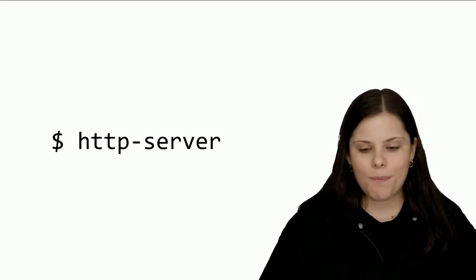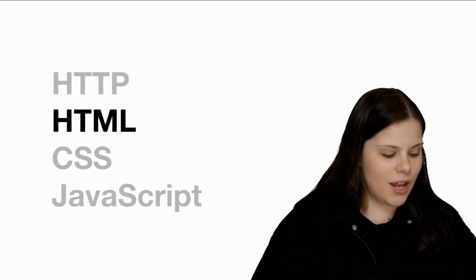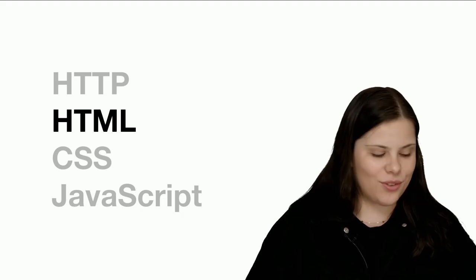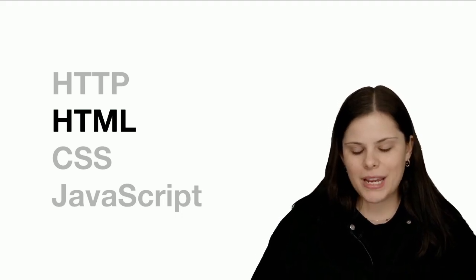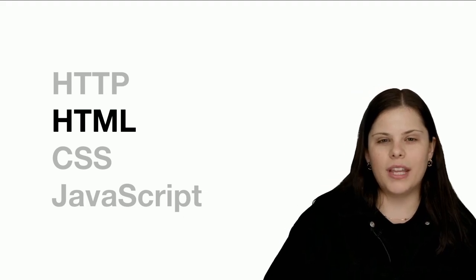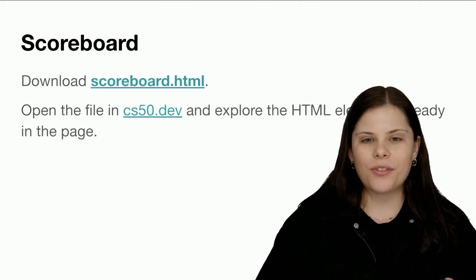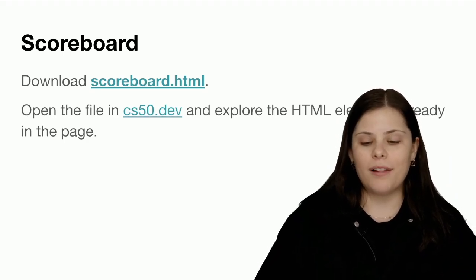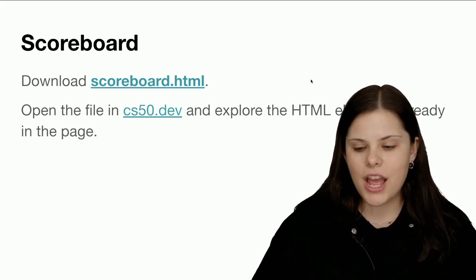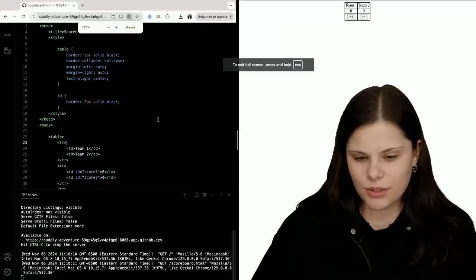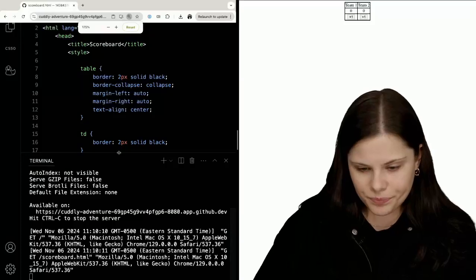And then a big chunk of our time will be spent on HTML, which is what we're going to jump right into now. So before we get started with some of the theoretical stuff, let's actually poke around in one of the HTML files that I brought with us today. So I'm going to flip my screen and let me zoom in a little bit here.